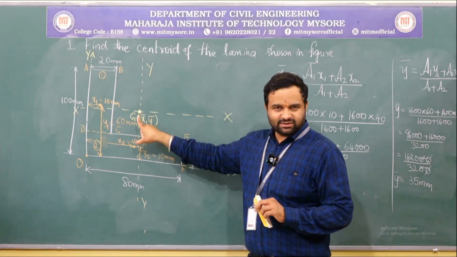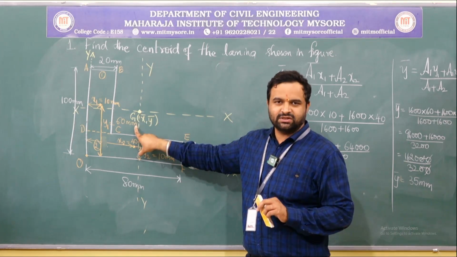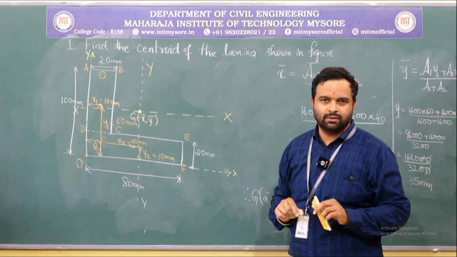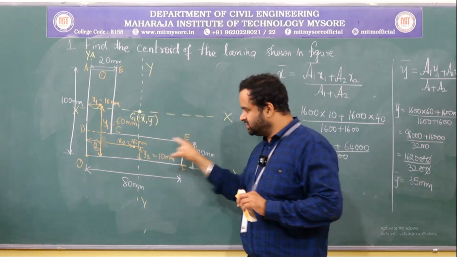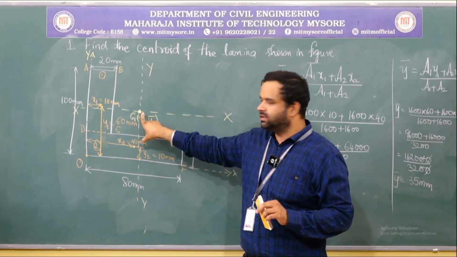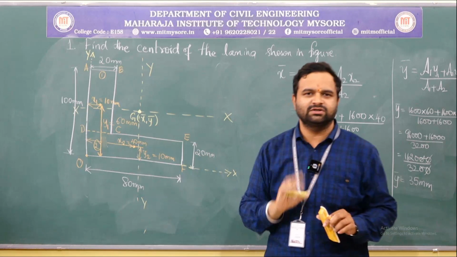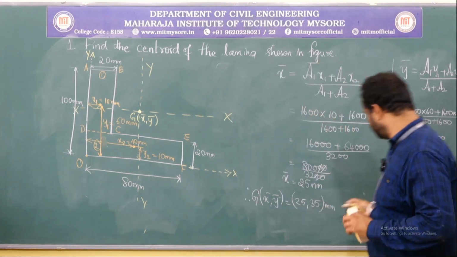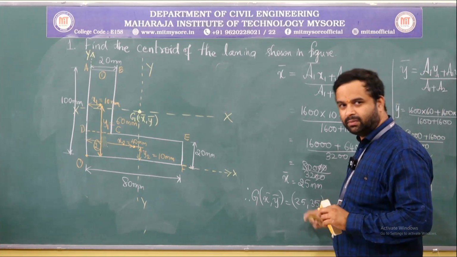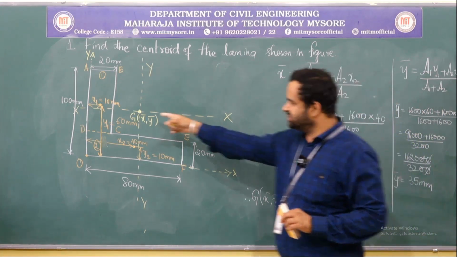The position of this lamina will not change even if you change the orientation of this figure. Even if you change this to any other direction, the location of the centroid will not change. You might get different values of G. The number might vary, but the position will not change.